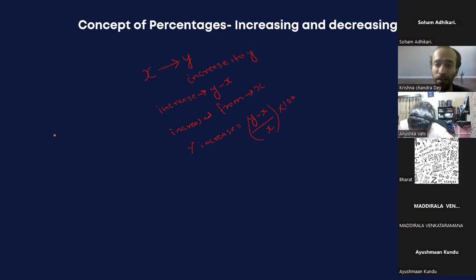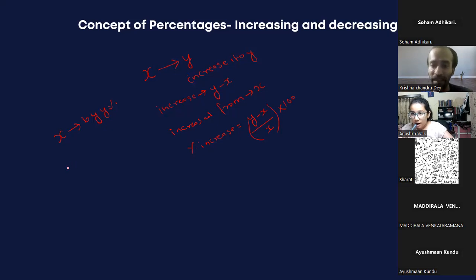But what if it is told that X, the initial number, is increased by Y percentage? Increase to Y and by Y are different. Suppose X was 200, I am increasing it by 20%.